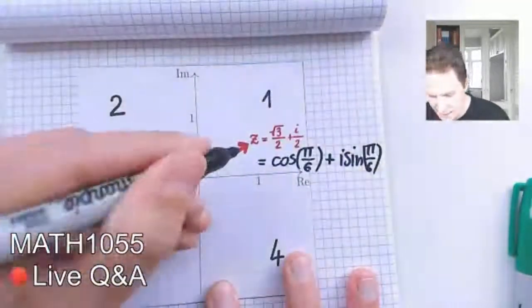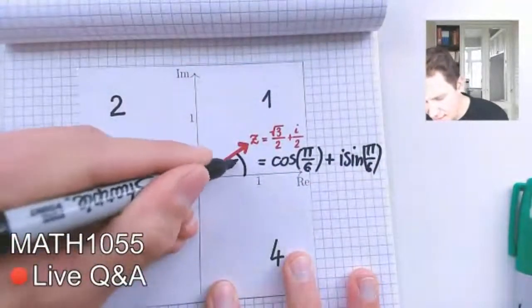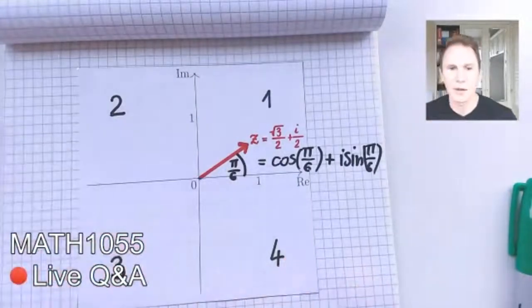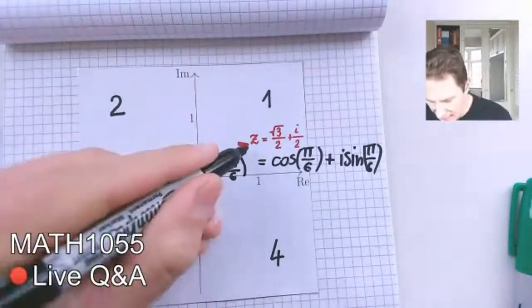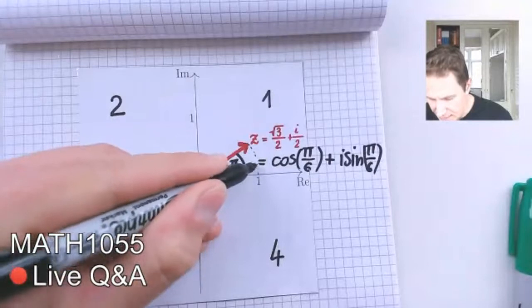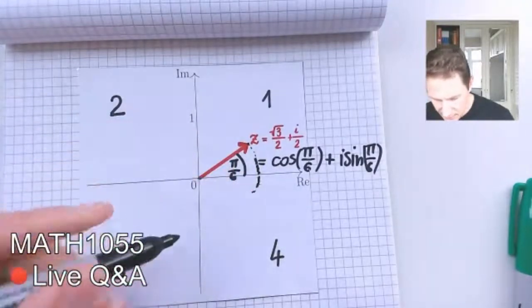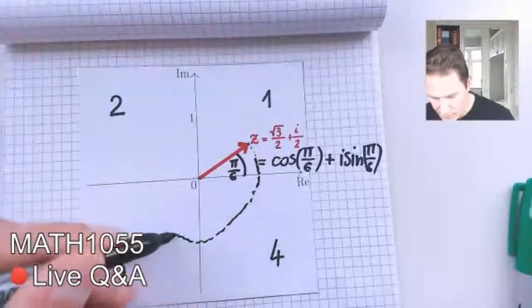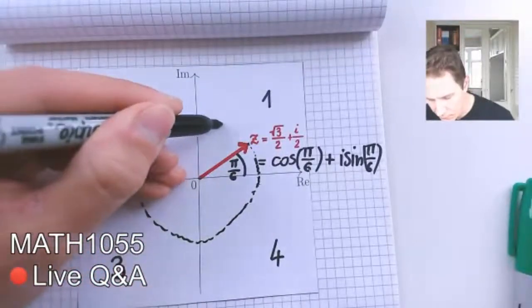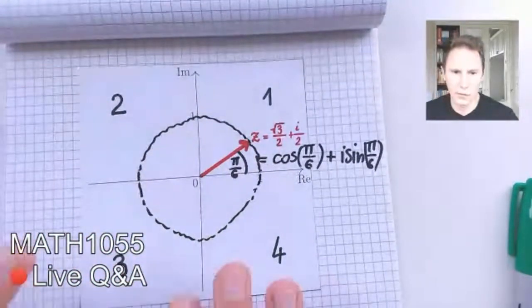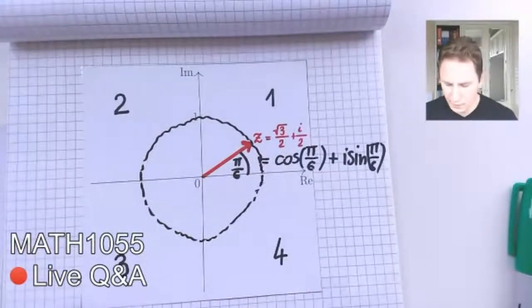So basically what you have to realize is that this angle is pi/6. It's 30 degrees, and the length of this number is 1. So it's sitting on a unit circle. It's not a perfect circle, but that's the point.